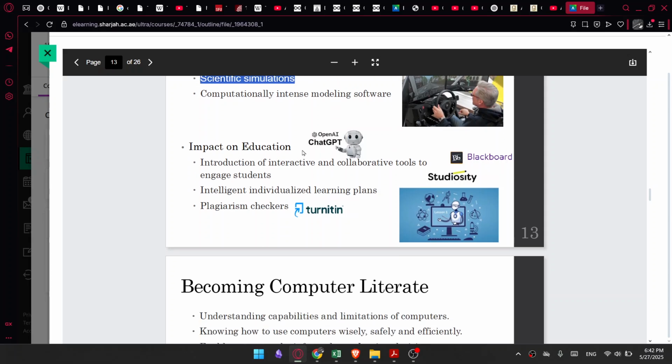And back to education, nowadays we have ChatGPT, Blackboard, and the introduction of interactive and collaborative tools to engage students, intelligent individualized learning plans, plagiarism checkers, which is, for example, this one called Turnitin. They know if a student uses anything, for example ChatGPT, or is cheating or something.